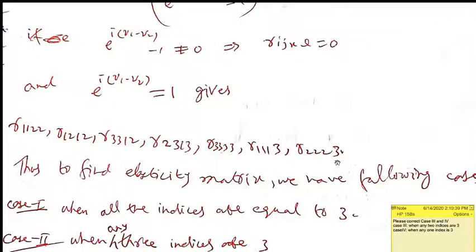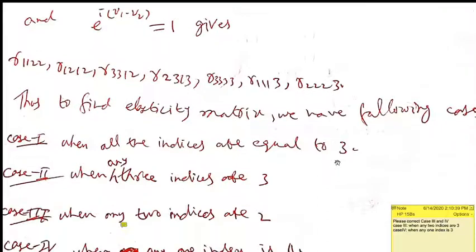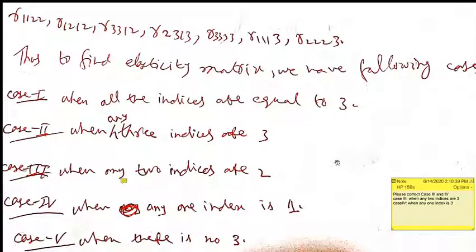So we have the following cases to find C's, to find matrix C. When all the indices are equal to 3, when any 3 indices are 3, when any 2 indices are equal to 3, and when any one index is 3, and when there is no 3.